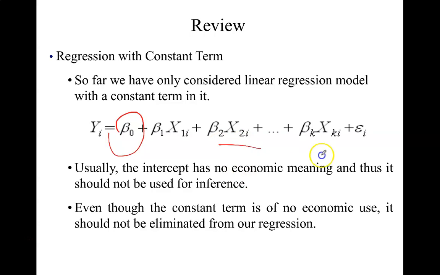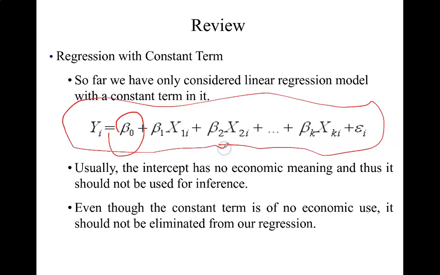Even in the next few videos, when I show you estimating using EViews, the program itself includes the constant when you do the regression. So this is an important element of the regression model.